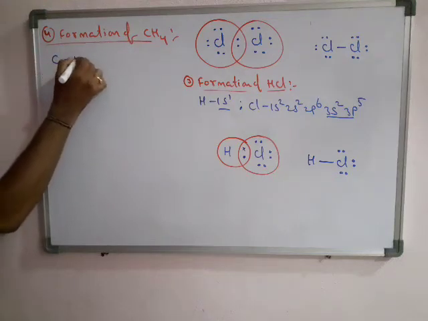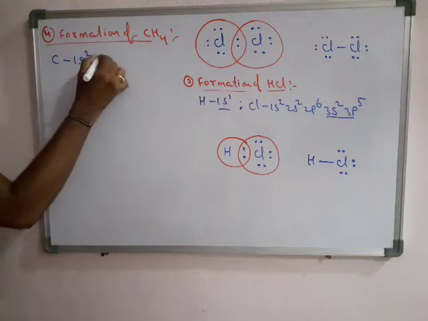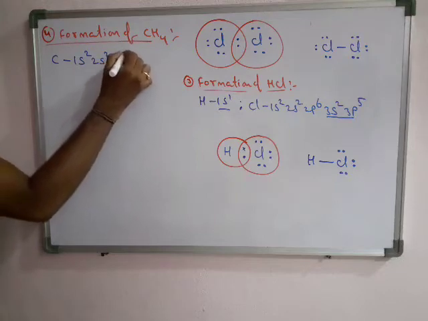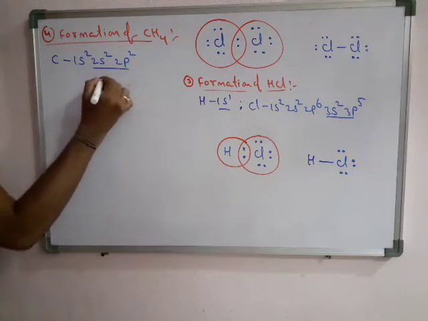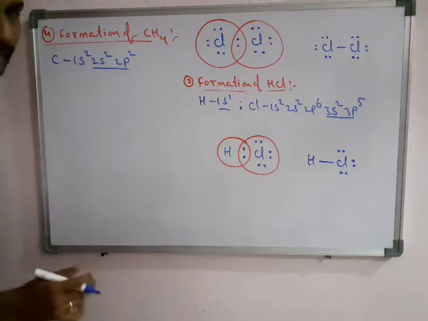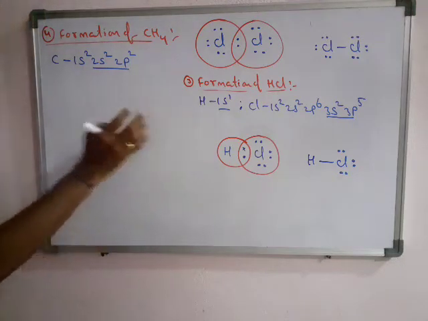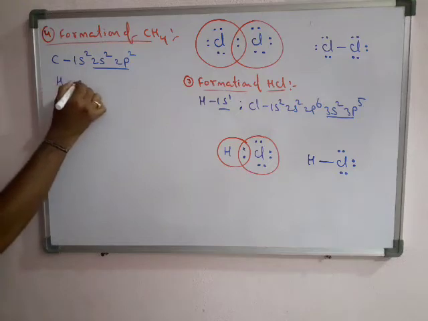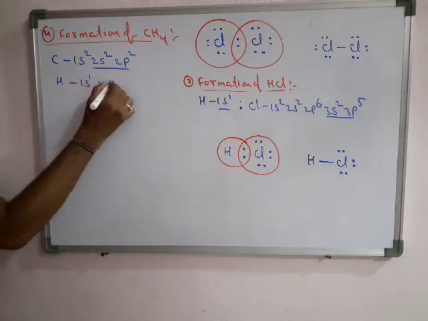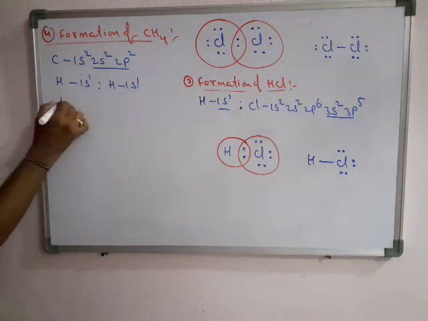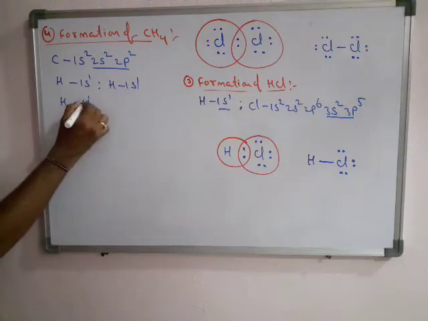What is carbon? 1s2 2s2 2p2. There are 4 electrons. Again it needs 4 electrons. Hydrogen 1s1. How many hydrogens are there? 4 hydrogens are there.